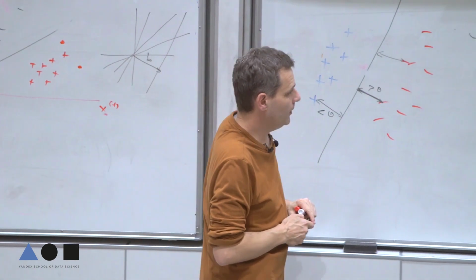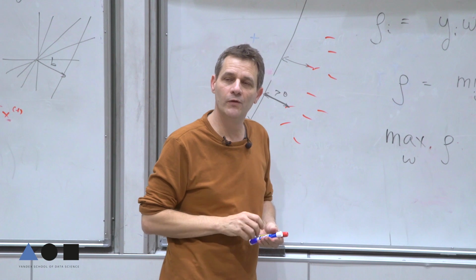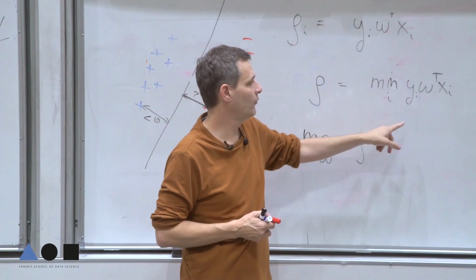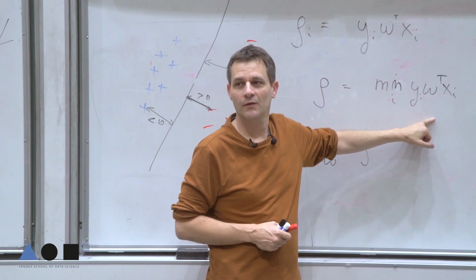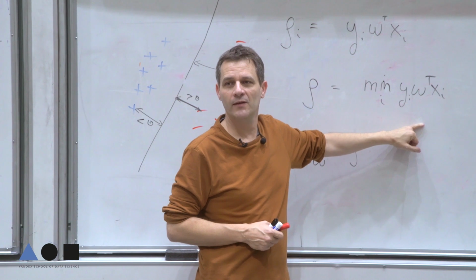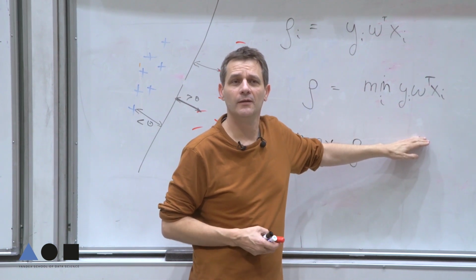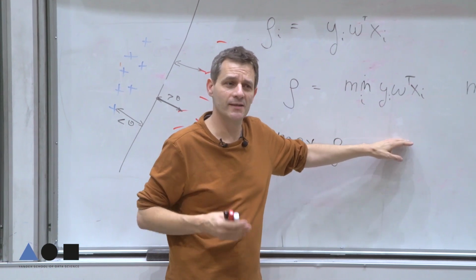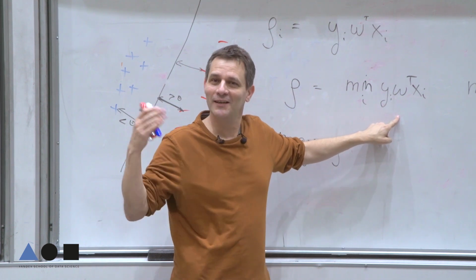So just note, if you want to maximize this term over W, there's something very simple you can do. If you look at this term, how can you make this term large if you're allowed to play with W? Just grow W to be large. Let's say if you have a solution, multiply W by 2, and then by 2 again, right?